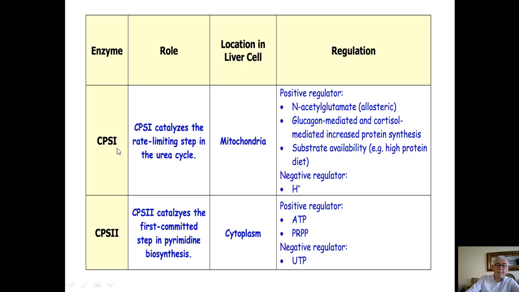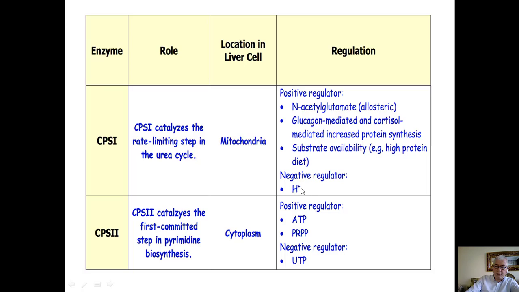The first enzyme has a positive regulator, N-acetylglutamate, and glucagon and cortisol increase protein synthesis as positive regulator hormones, and a high protein diet is also a positive effector for the first enzyme.